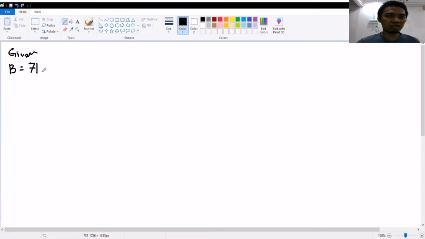Change it instantly, because in the question it is given in millimeter, so you have to convert it using the basic formula, 71 times 10 to the power of minus 3, so you have the basic unit of length, which is meter.